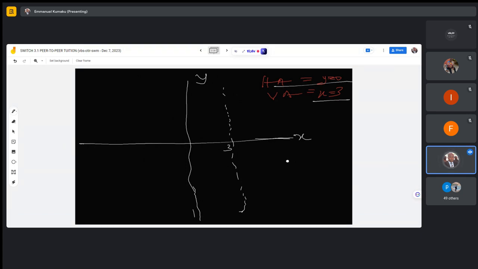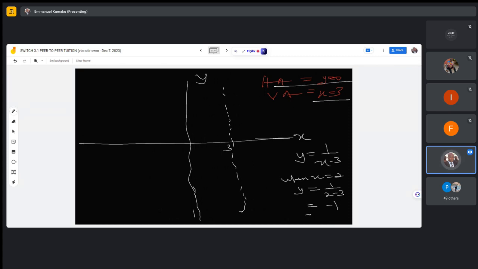This time around, let me use a different number. We have y is equal to 1 over s minus 3. Let me use, let's say, 2. When s is equal to 2, we are going to get y is equal to 1 over 2 minus 3, and my answer is negative 1.